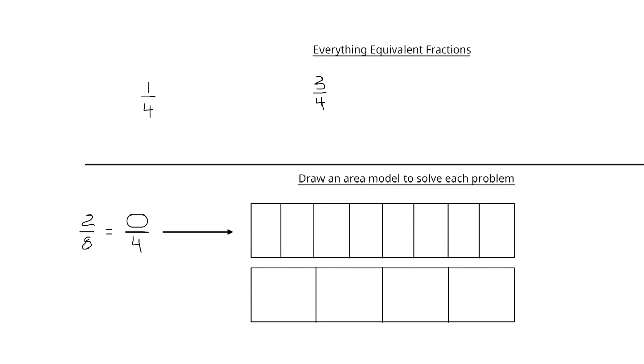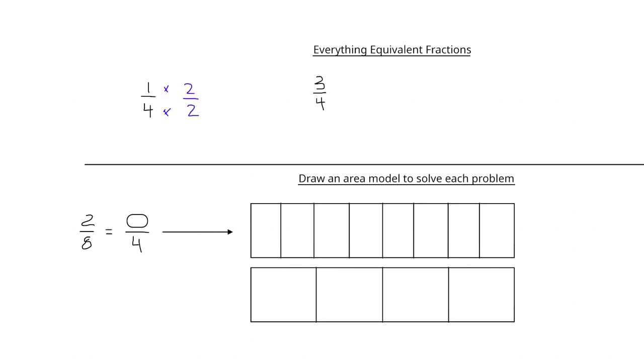Now, the first two fractions that are at the top, we have 1/4 and 3/4. If I wanted to make an equivalent fraction, all I have to do is multiply the top and the bottom by the same number.